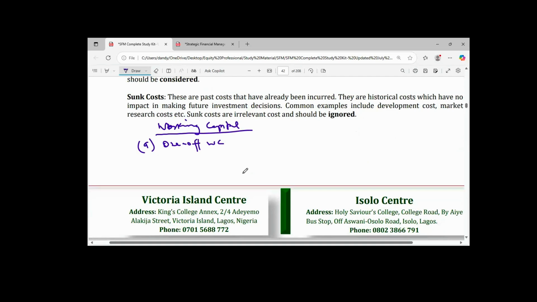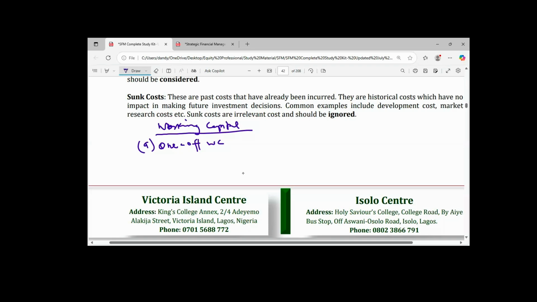I repeat, a one-off working capital should be treated as a cash outflow in the year before the year of occurrence and recovered fully at the end of the useful life.